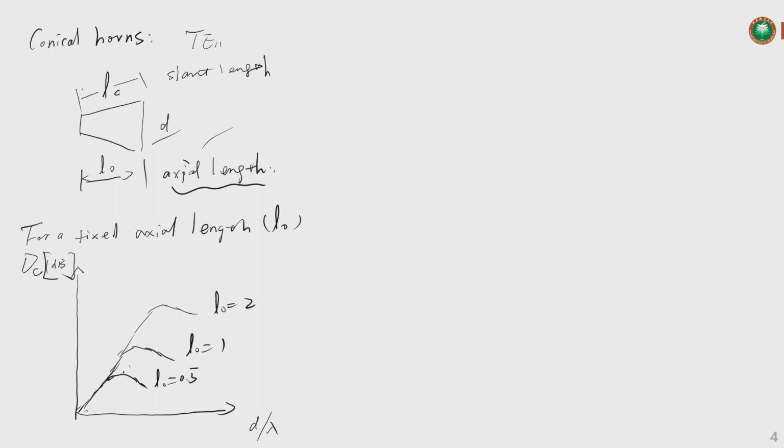And what we want to see is the maximum point, and we connect them together and get a straight line for that one.